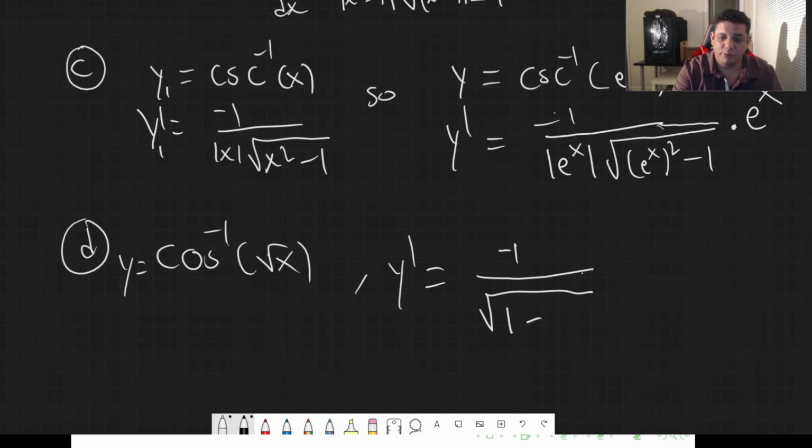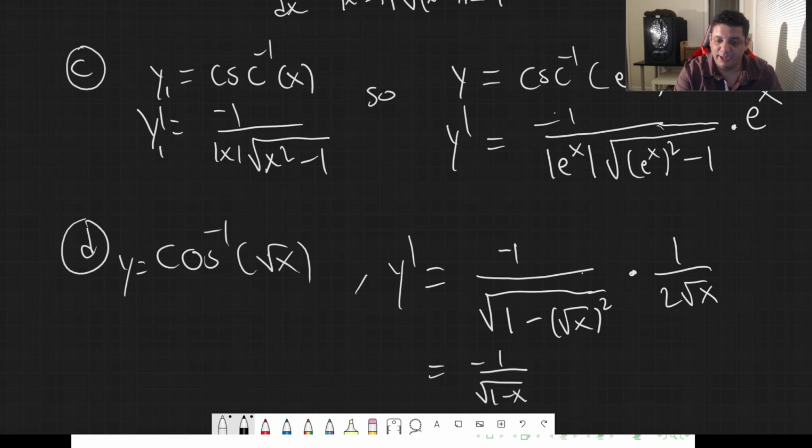But because we have a square root here, it is the square root of x, squared. And then we're going to multiply by the chain rule, which is the derivative of the square root of x, which is going to be 1 over 2 square root of x. We can simplify this. This is going to become an x, and so this is minus 1 over the square root of 1 minus x times 1 over 2 square root of x, or simplifying even further, we can see this as minus 1 over 2 square root of x times square root of 1 minus x.